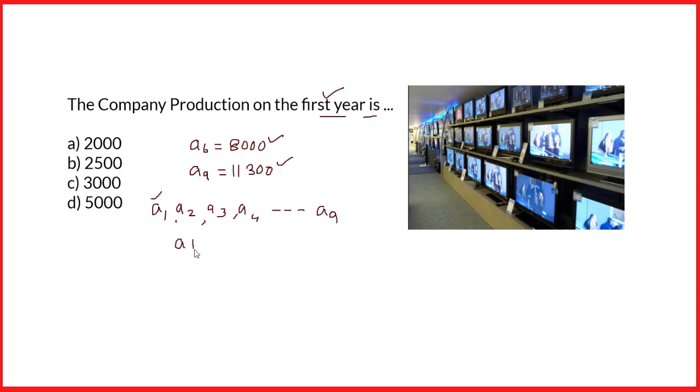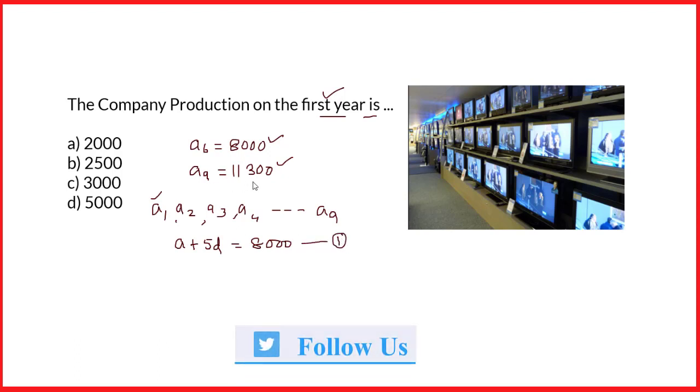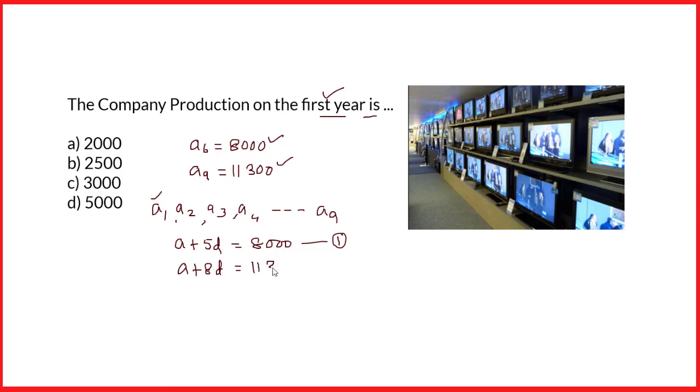It means A plus 5D, because the 6th term is A plus 5D, is equal to 8,000. This is the first equation. Now A9 is equal to 11,300. It means A plus 8D is equal to 11,300. This is the second equation.